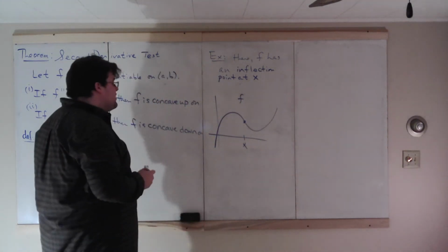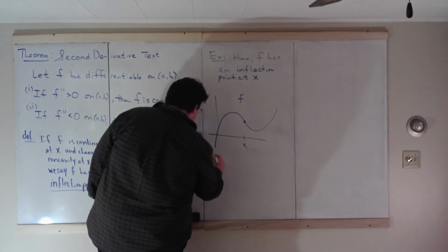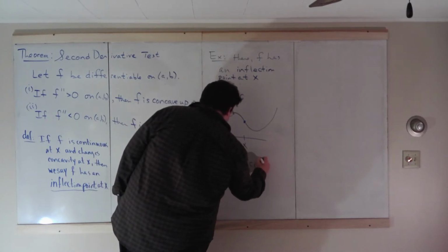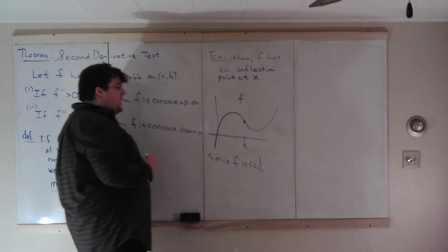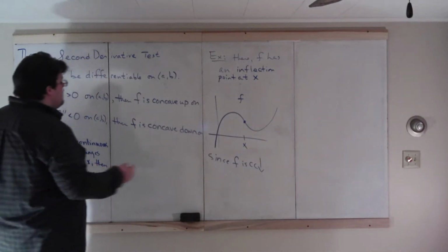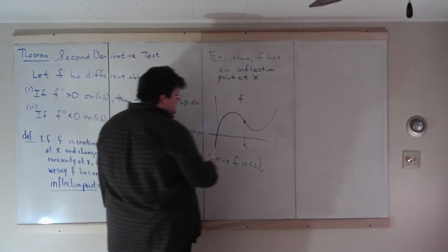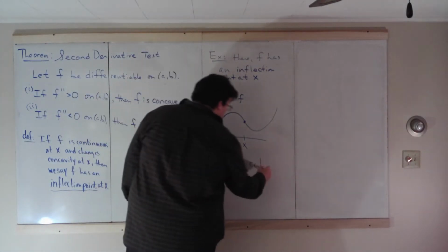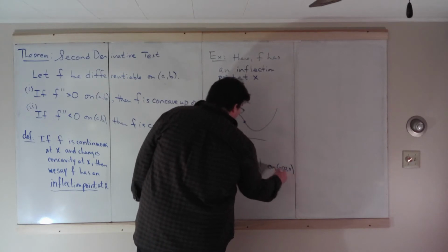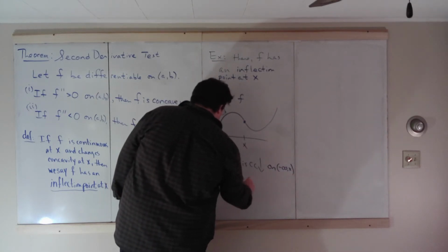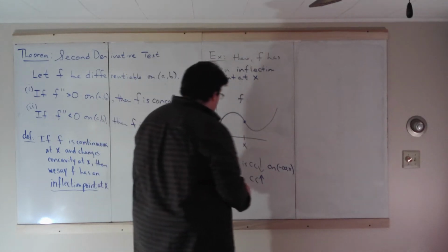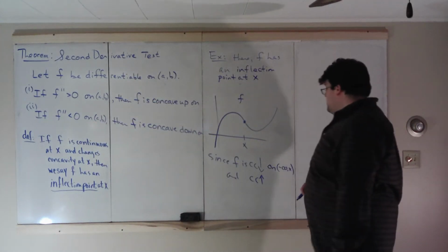Why does it have an inflection point at x? Since f is concave down, abbreviate, concave is a large word, so, and down is also a large word, so we can abbreviate concave down, just CC with a downward arrow. It's concave down on negative infinity to x, and concave up, also abbreviating those, concave, CC, up, arrow up, on x to infinity.